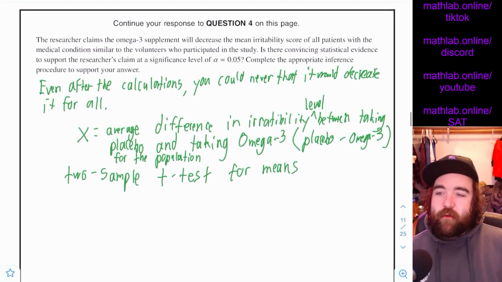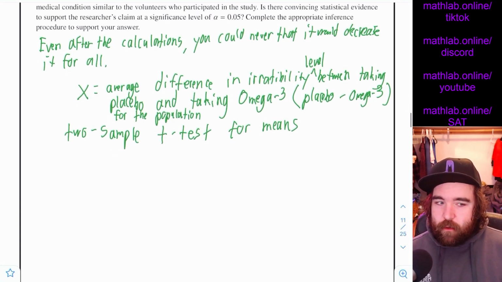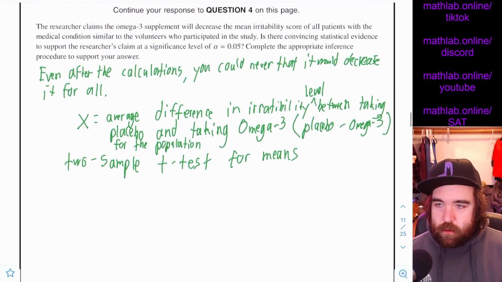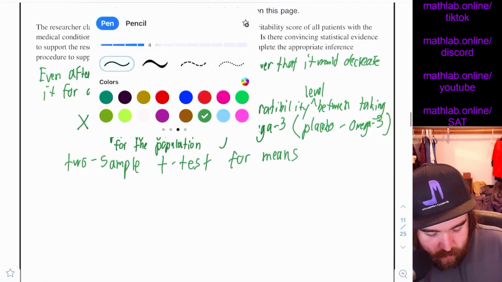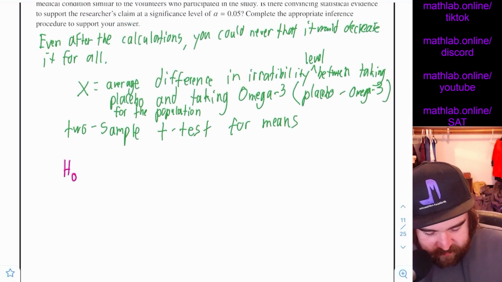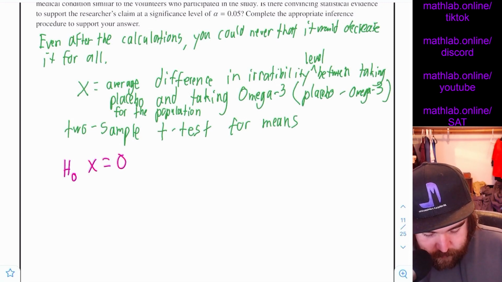Oh gosh, did I ever figure out how to do the degree of freedom if it's a 2-sample? I'm not sure. I'm going to change colors though for sure. I'm going to set up our null hypothesis is that X is equal to 0. Do I need to set up 2 different variables? You normally do, right? This is kind of weird.